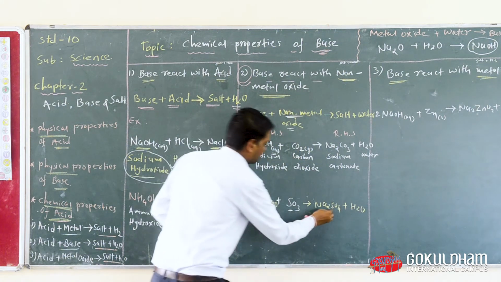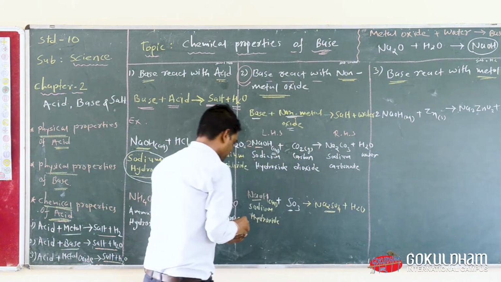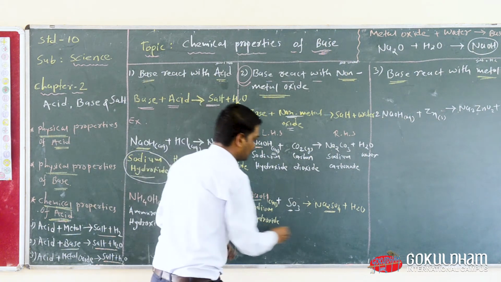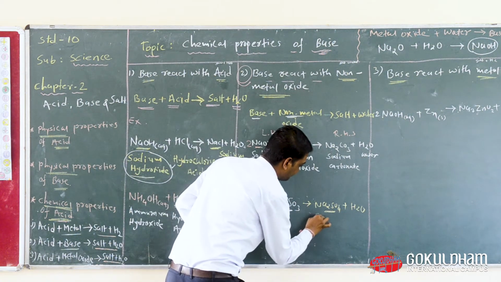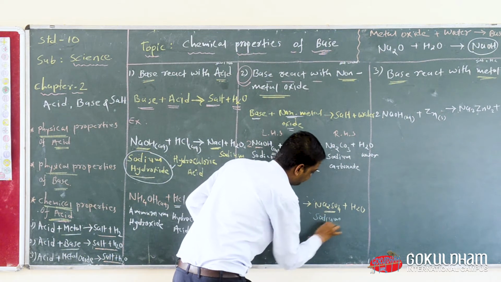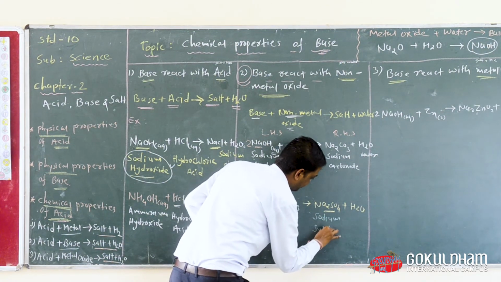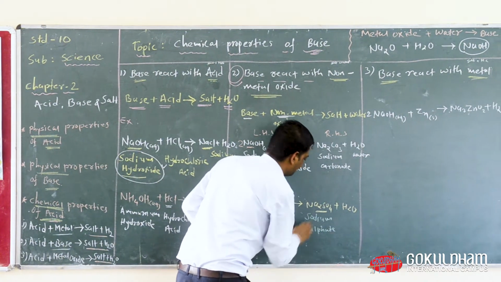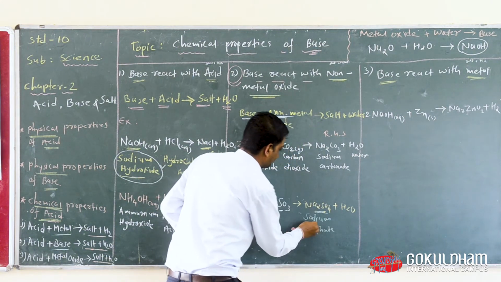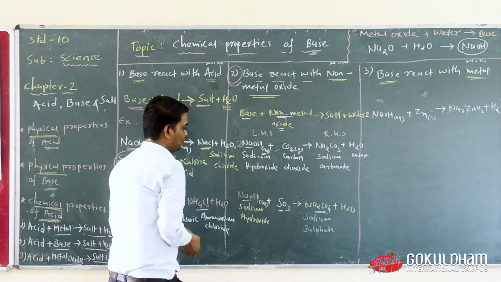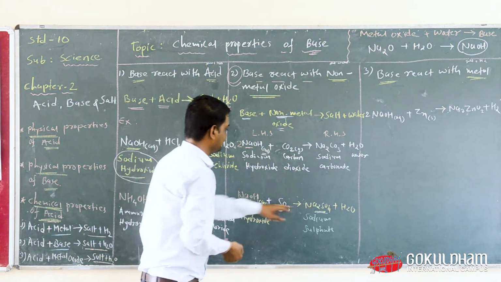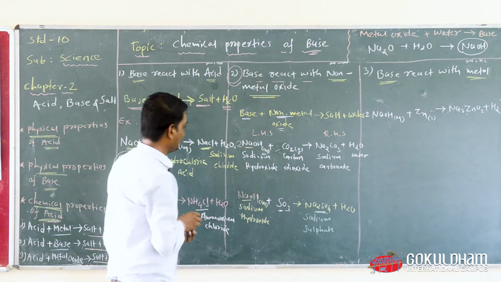Now what is the name of Na2SO4? The name of Na2SO4 is sodium sulfate. Now what do you think about this equation? Is the equation balanced or imbalanced?